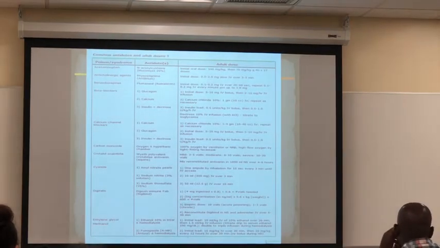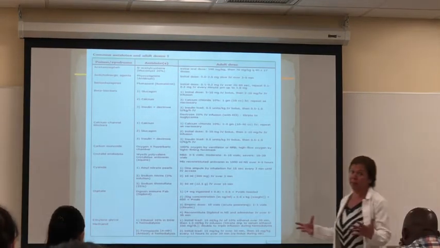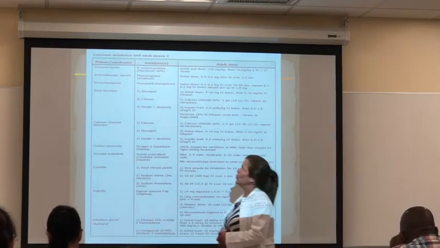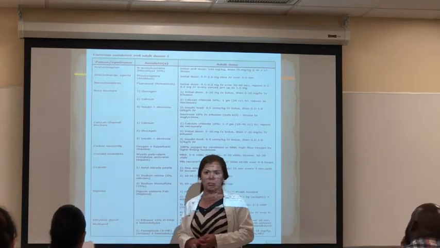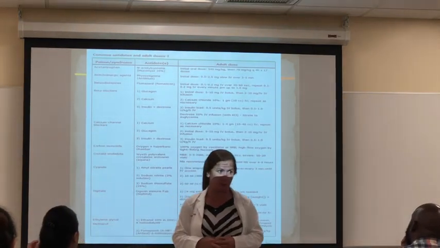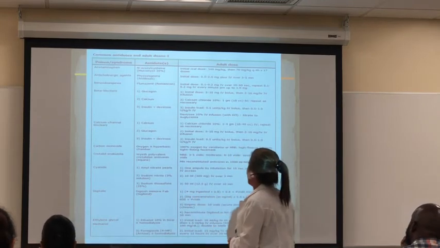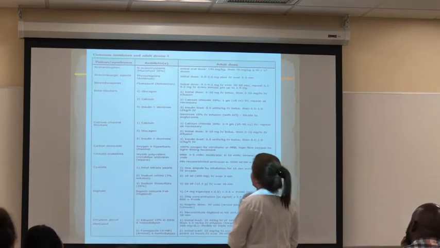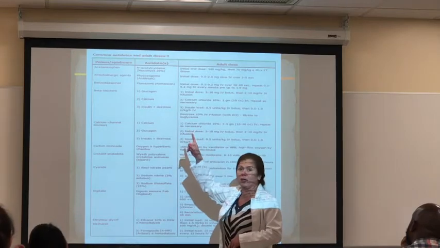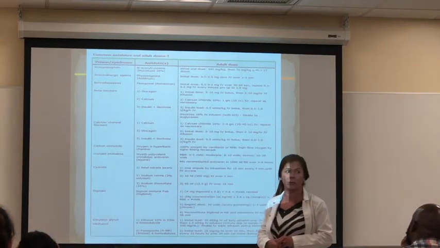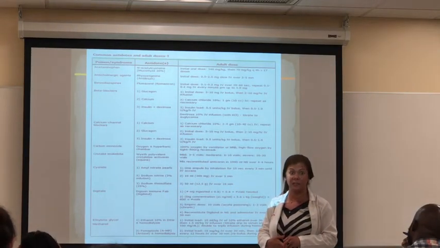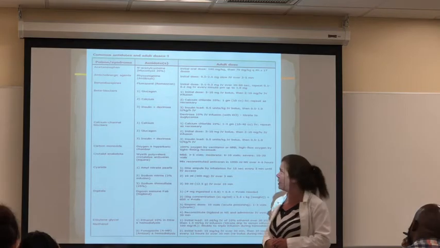All right? So here as a summary, okay, you have the majority of the antidotes that we use in clinical practice for toxidromes. As you can see, we already have discussed acetaminophen toxicity, right? And N-acetylcysteine is the antidote for that.